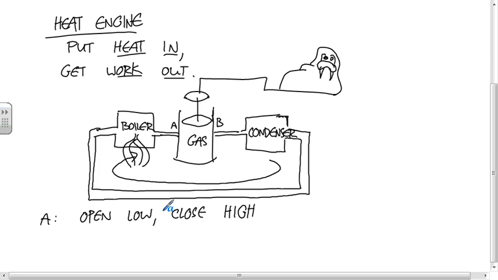Like a good day at the stock market. And B is like a bad day, B for bad, at the stock market. This is going to open high, close low.